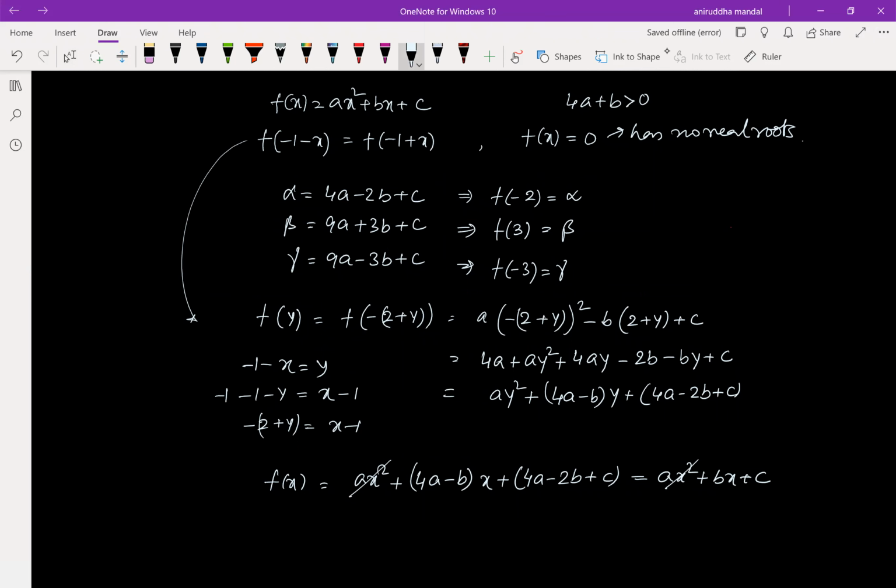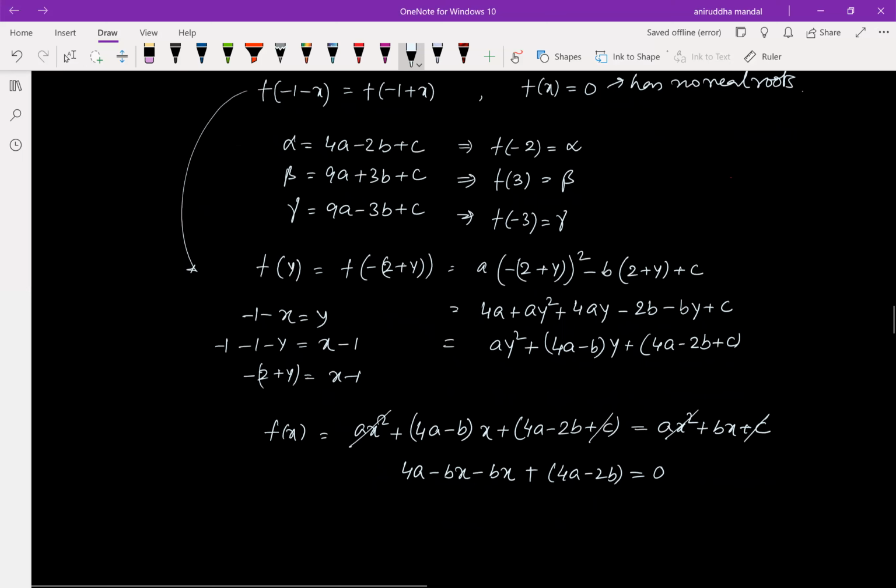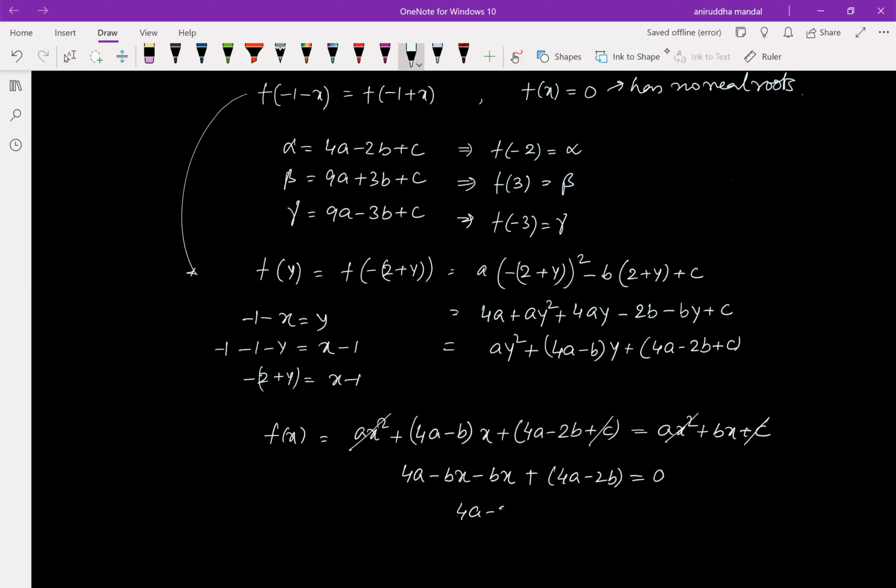So we open this equation and solve, and c also gets cancelled, so this is 4a minus b times x minus bx plus 4a minus 2b, and this is equal to 0. So this is 4a minus 2b times x plus 4a minus 2b.